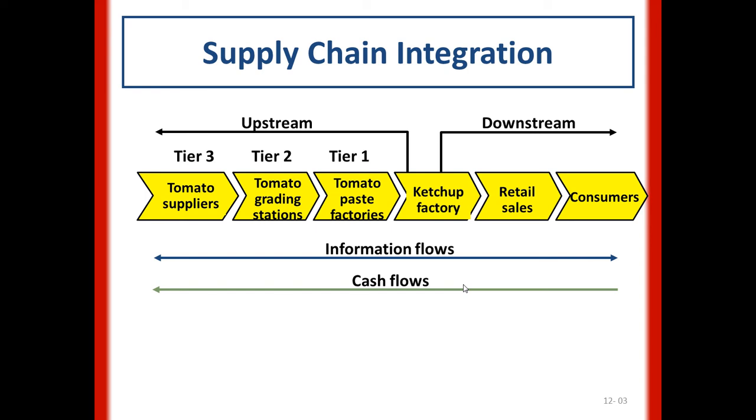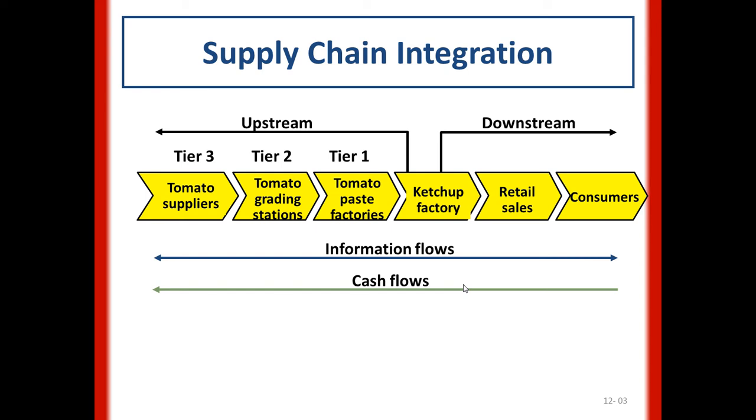This picture also shows multiple links that happen in the supply chain to create supply chain integration. For example, information flows can link information from all suppliers to the central firm and to the downstream members.